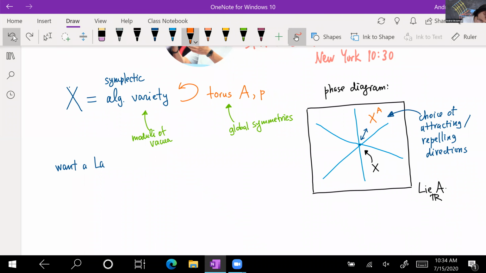And so the kernel, by the long exact sequence, sits inside H^0 of this thing tensor with the ideal sheaf, and the co-kernel maps to H^1 of this L tensor with the ideal sheaf.